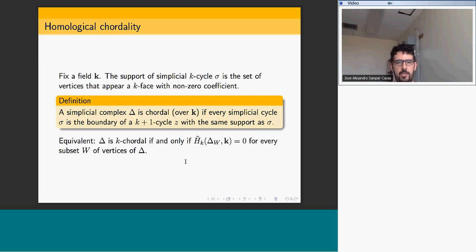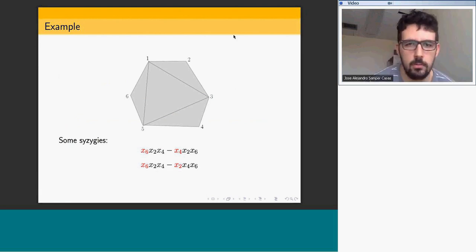And to define a simplicial complex to be chordal over K, because in order to talk about K cycles I need a field or a ring, I'm going to say it is chordal if every K cycle is the boundary of a K plus one cycle.